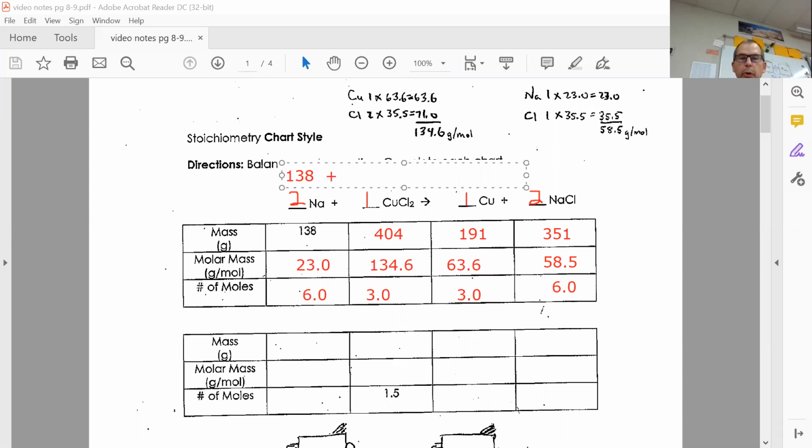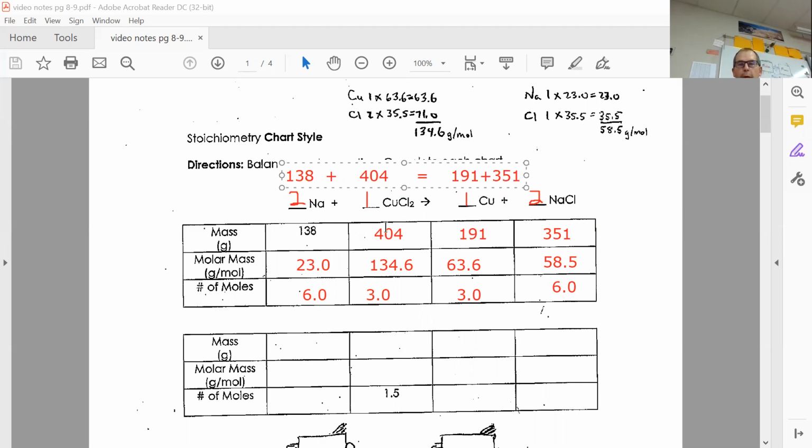I'm going to say that is plus 404 should be equal to 191 plus, I'm going to squeeze this in a little tighter here, and I'm going to say 351.